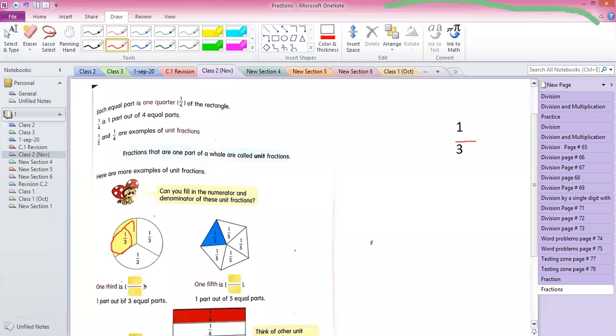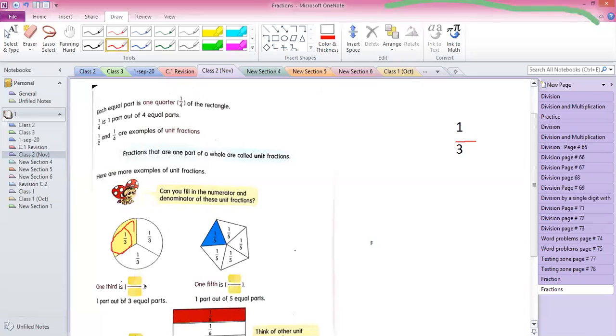I pick a highlighter for you. This is 1, this is 2, and this is 3. There are 3 equal parts in the circle, okay? So I write 3 in the denominator down. Now I ask you how many parts out of 3 parts are colored, are shaded.